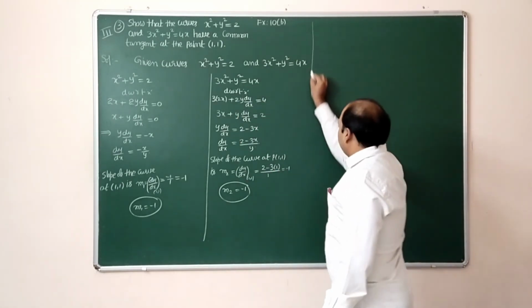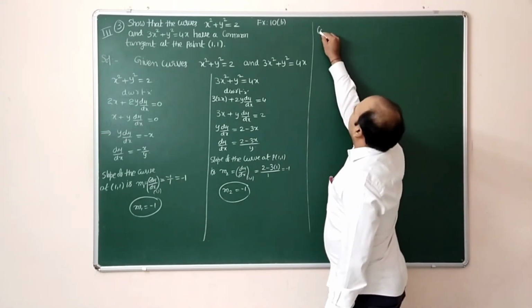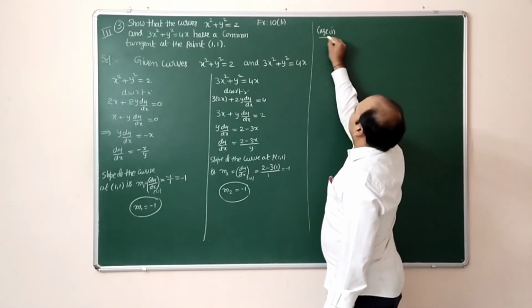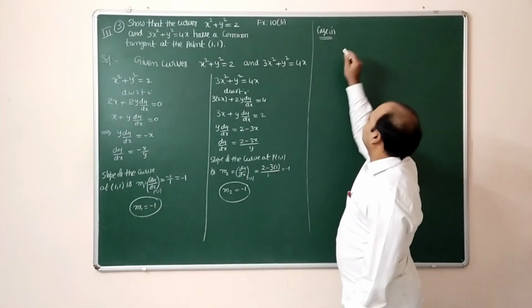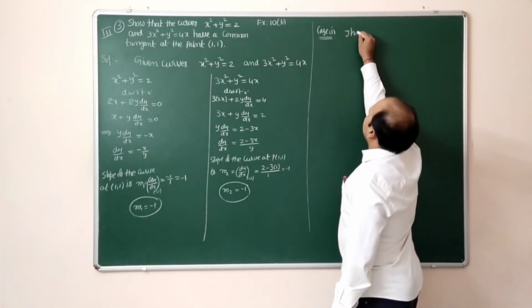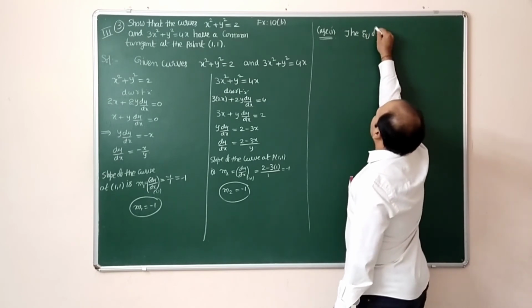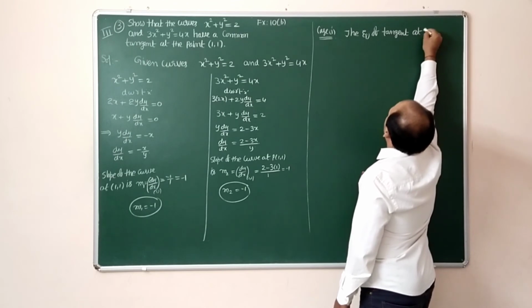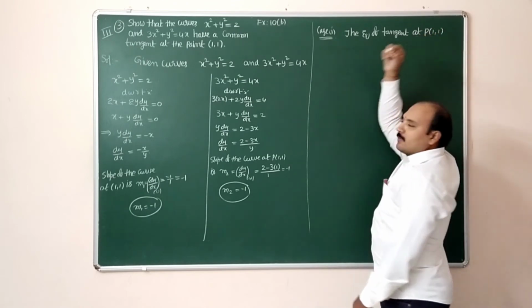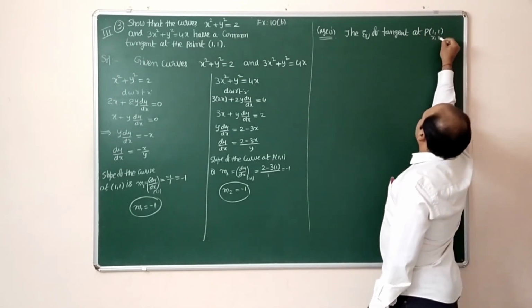Case 1. In case 1, slope m1 is equal to minus 1, point is 1 comma 1. The equation of tangent at P of x1 comma y1, that means 1 comma 1, this is x1 y1, no?